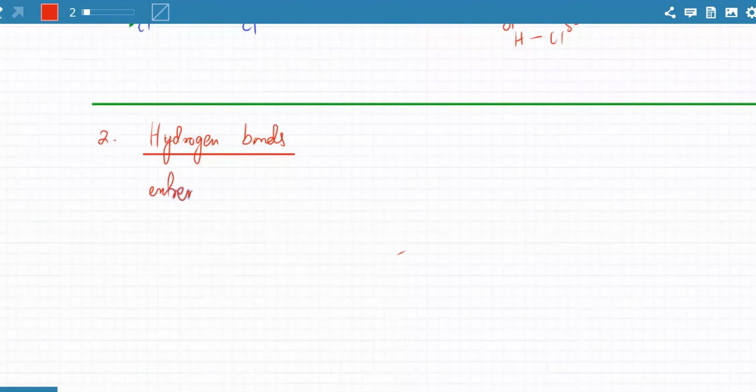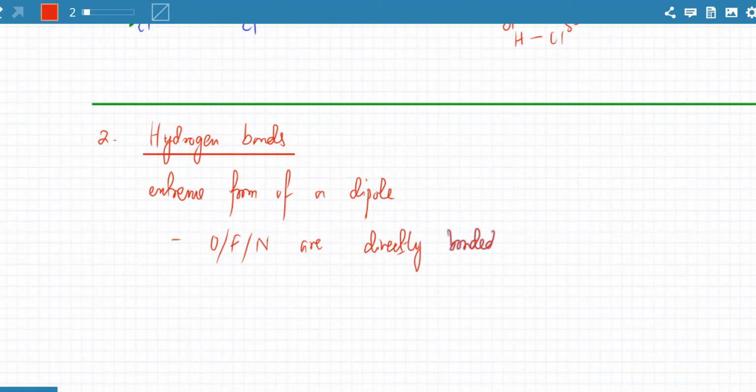So when is it formed? When O, F, or N, the most electronegative elements, are directly bonded to H. So in any molecule, if they're directly bonded to H, and lone pairs should be present.